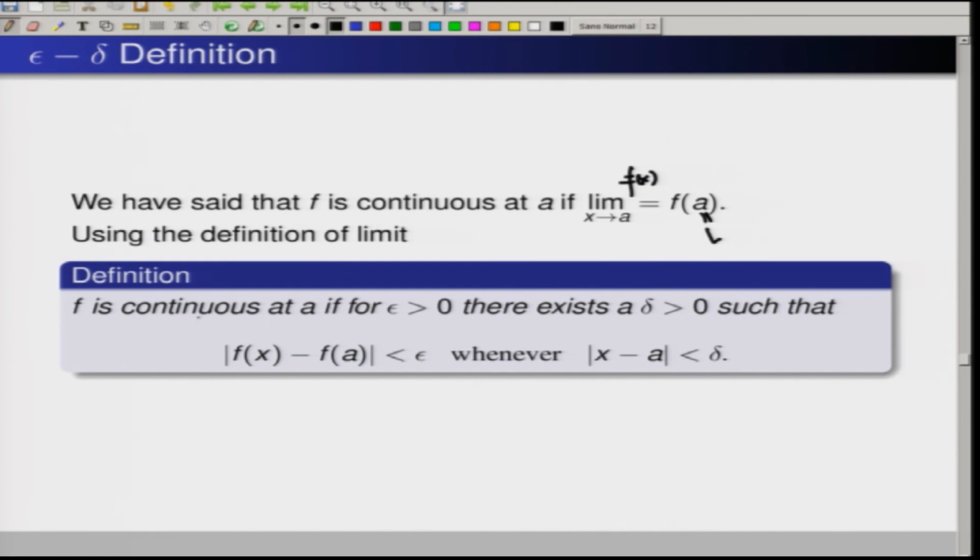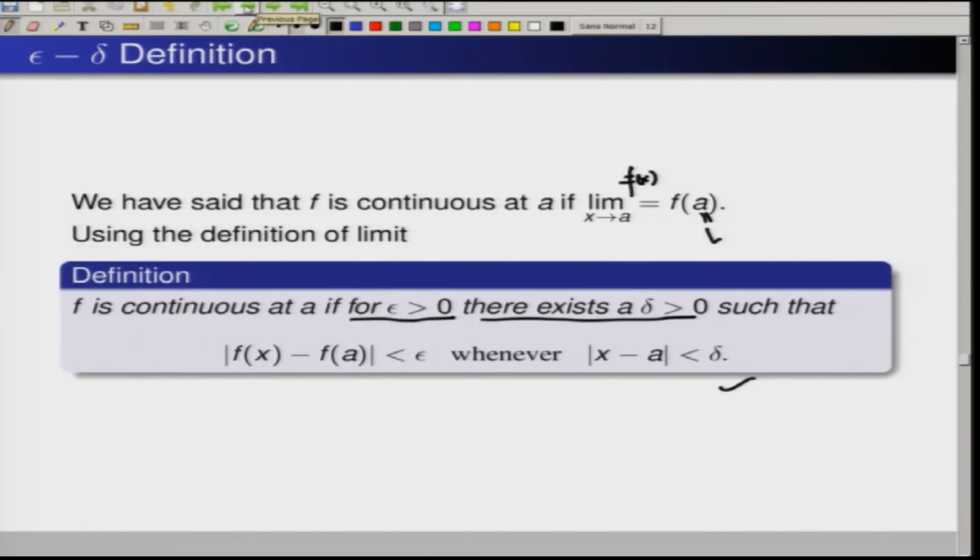So, we say that f is continuous at a if for any given epsilon greater than 0 there exists a delta greater than 0, such that mod of f of x minus f of a is less than epsilon whenever mod of x minus a is less than delta. That is the proper definition of the continuity of f at a.